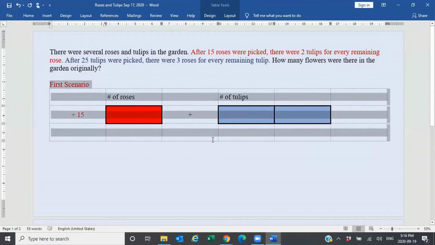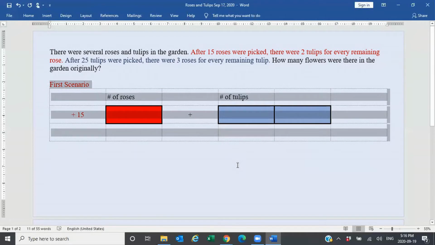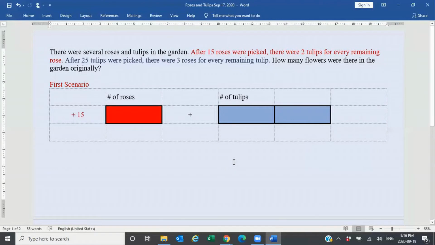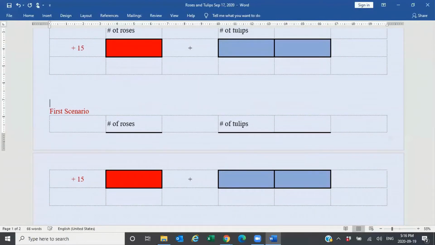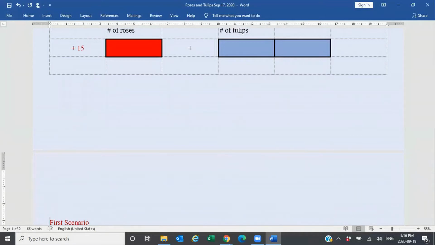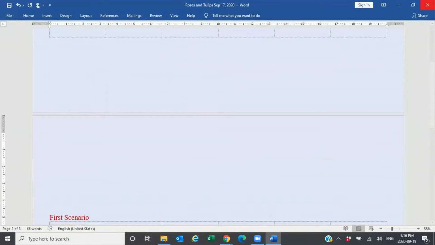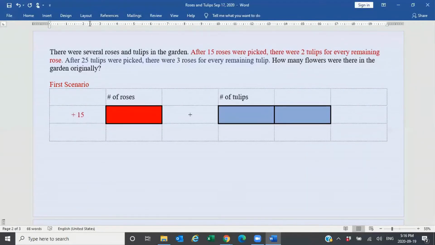Now I'll highlight this table because we're going to need another one for the second scenario. Okay, this happens. I'll just push this down. But now we can't see the question, so I'll just copy the question too.